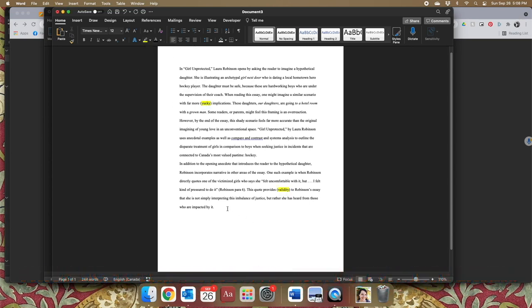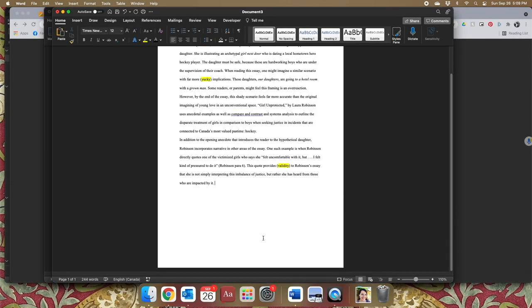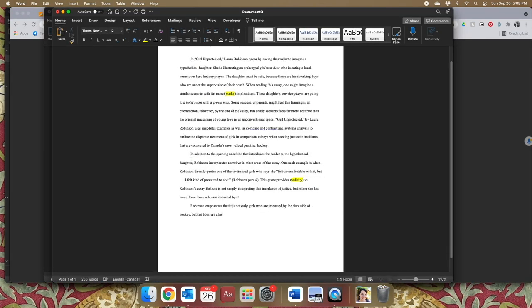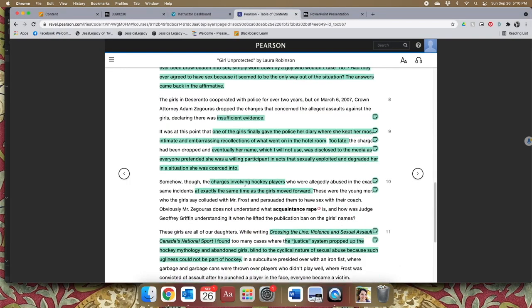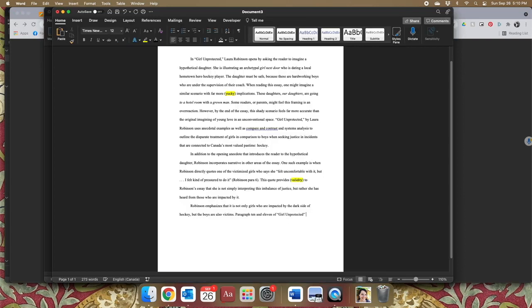So here's something. Rather than sitting and trying to think of the perfect word or looking up a page number or anything like that, I just highlight things that I know I want to revisit later. And now you'll see me go back and forth between my notes that has the different evidence that I want to use, the topics I want to focus on, and the essay.